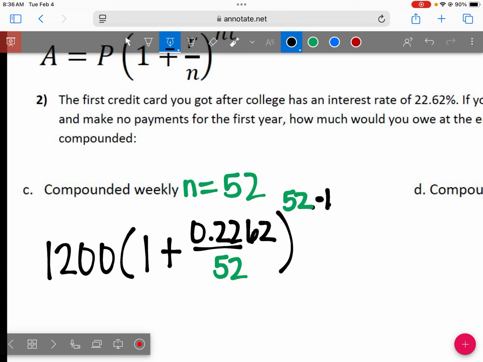Button under pi. Yep. Nope, you forgot the button under pi.